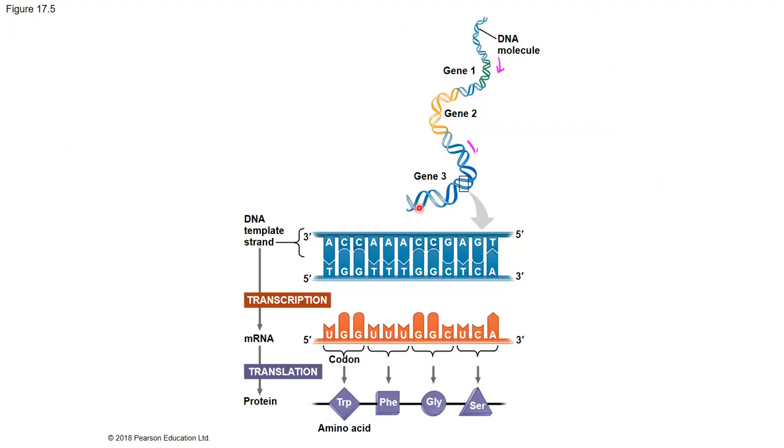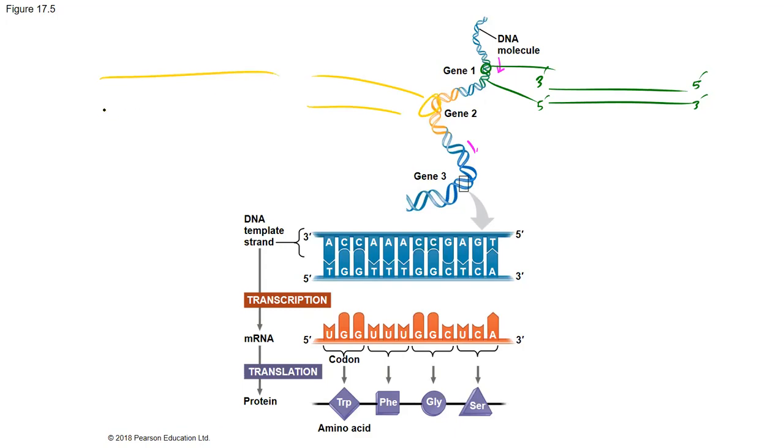Now, if we zoom into this gene, let's say, now we have 2 strands, okay? Maybe something like this. If we zoom in, we have 3', 5', 3', 5'. Similarly, if we zoom in to this region, we have 3', 5', 3', 5'.